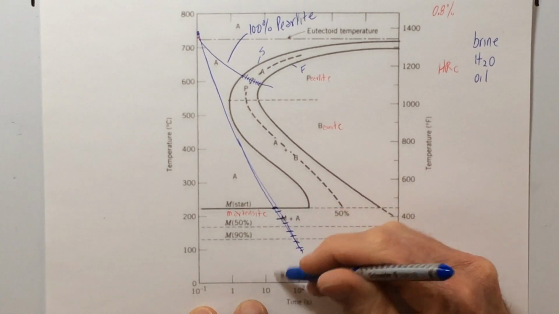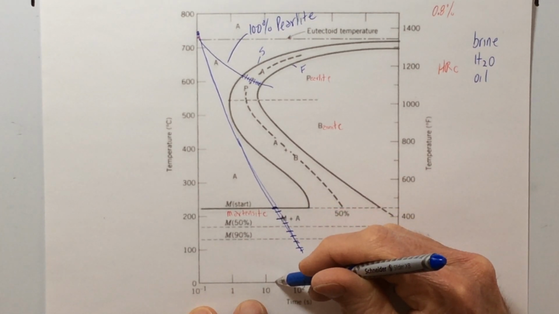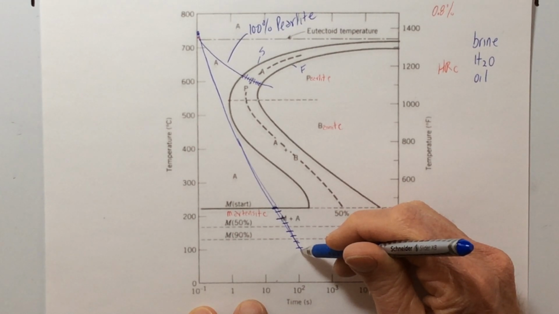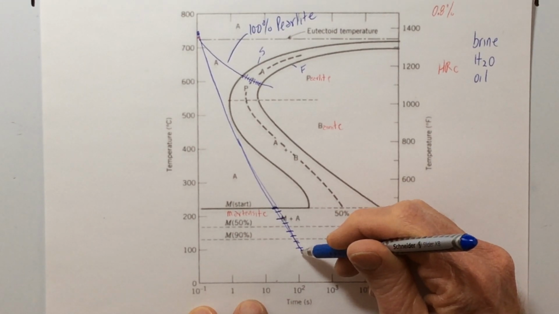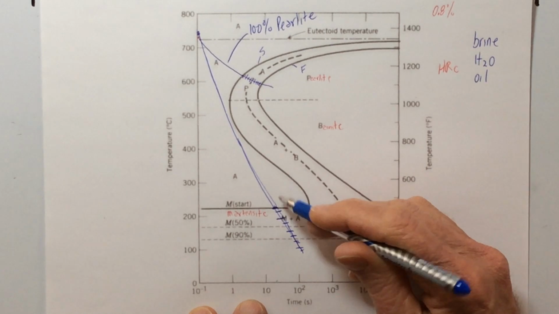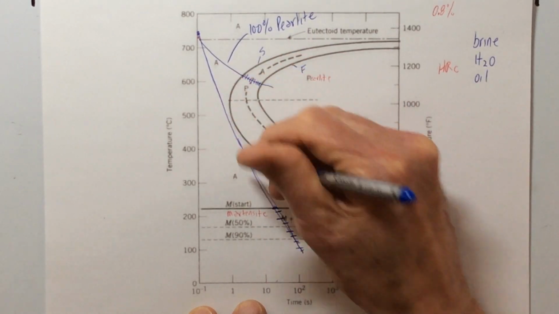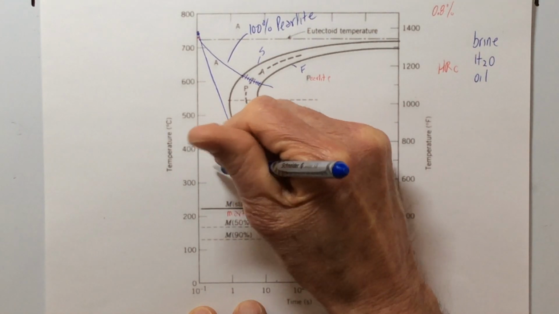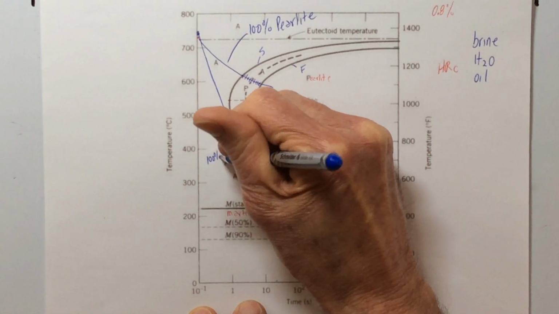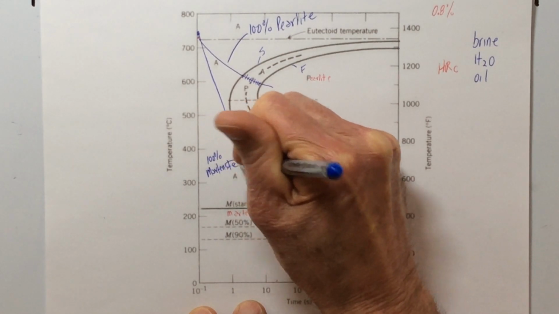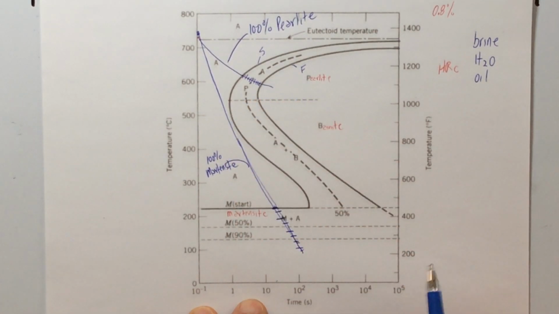So it took about maybe 20 seconds to get there, and then about 100 seconds or so, a little over a minute, to finish off. This would be a 100% martensite structure.